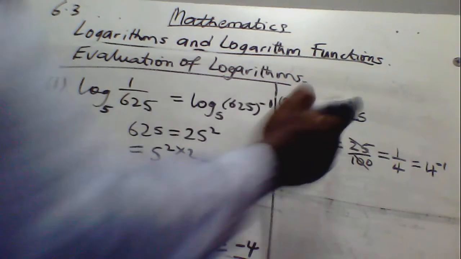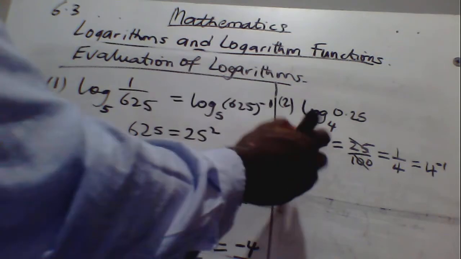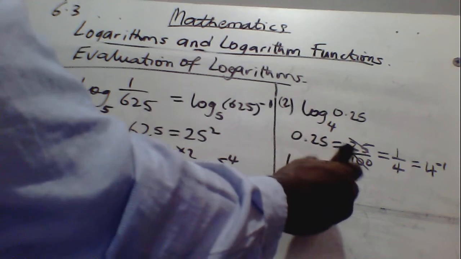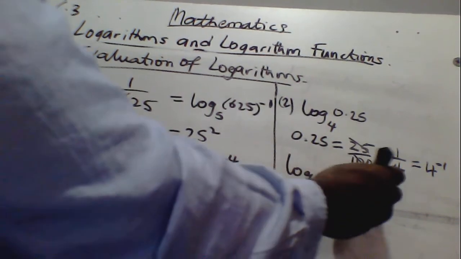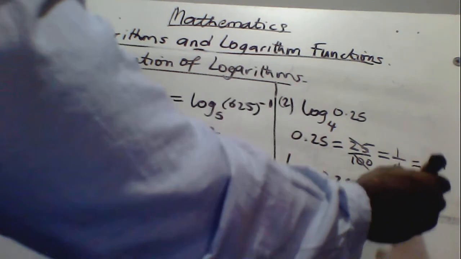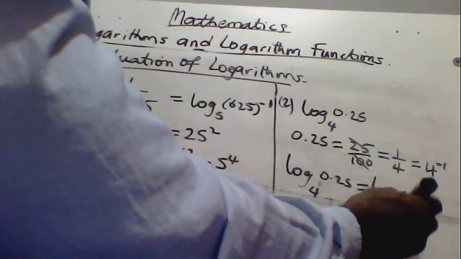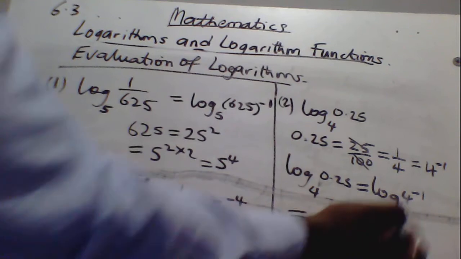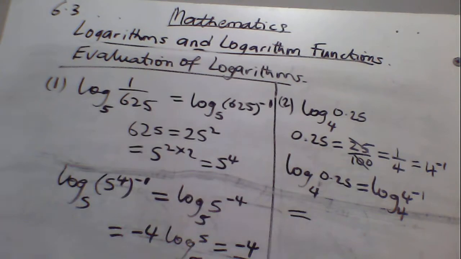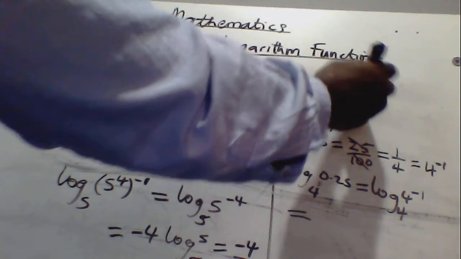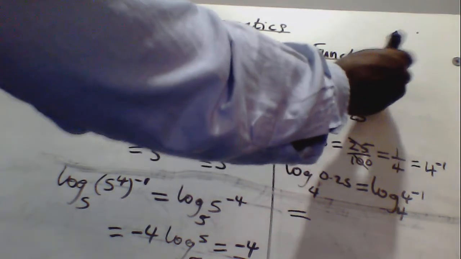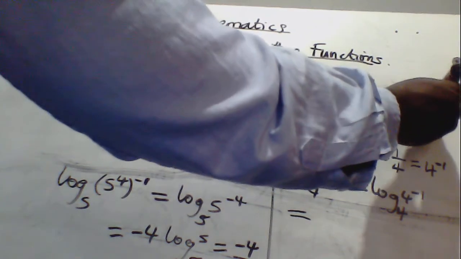So we can replace it here. We have log 0.25 to base 4 is the same thing as log 4 raised to the power minus 1 to base 4. This comes to the laws of logarithm, the third rule I gave you: log a raised to the power c to base b is the same as c log a to base b.